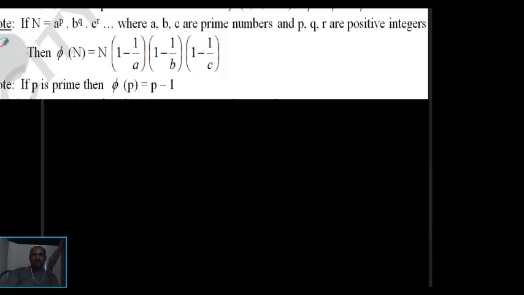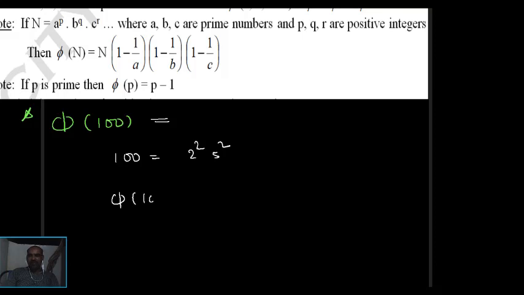Next one, students. Phi of 100, a very useful result. So remember the phi of 100 value. 100 can be written as 10 squared, that means 2 squared into 5 squared. According to the formula, phi of 100 is equal to 100 into 1 minus 1 by first prime into 1 minus 1 by second prime, that is 5.